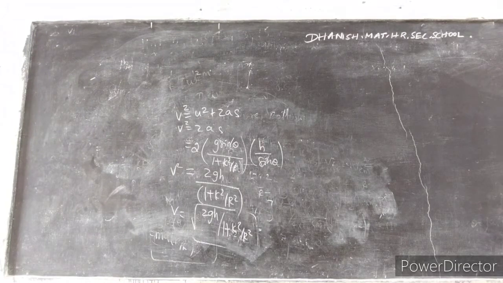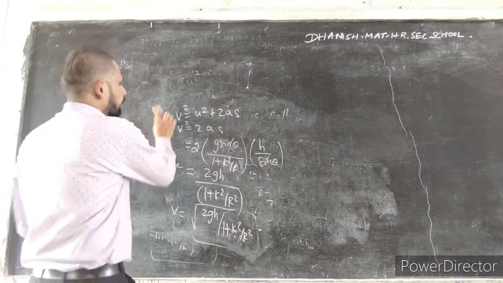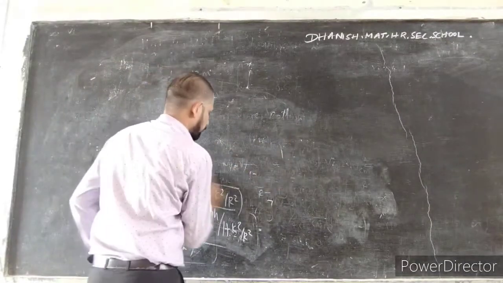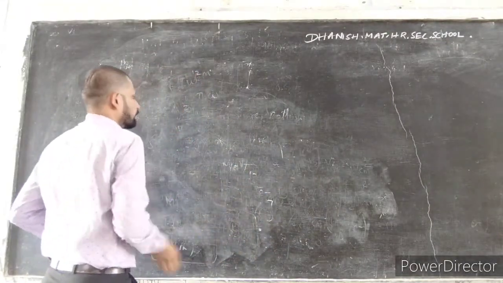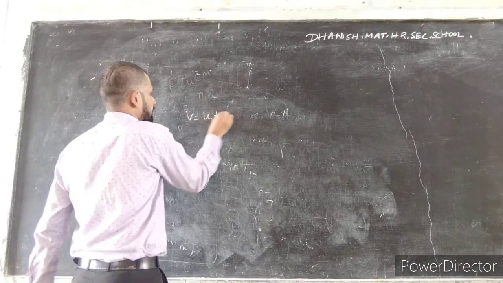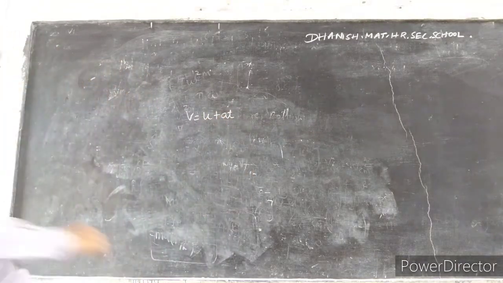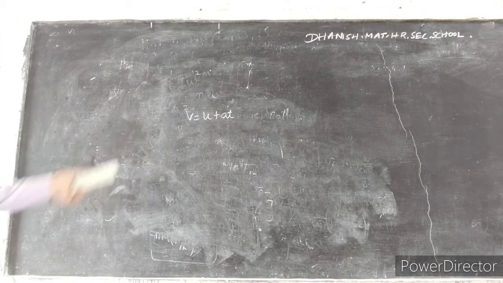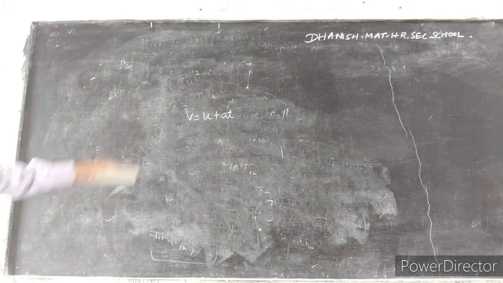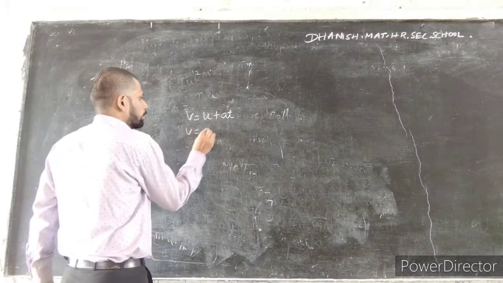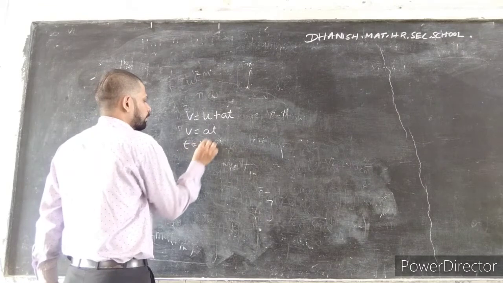So we know the first equation, v equal to u plus at. From u equal to 0, v equal to at, so t equal to v by a.